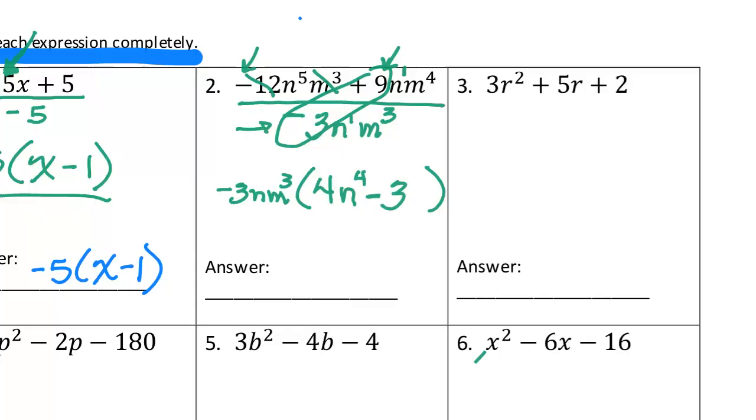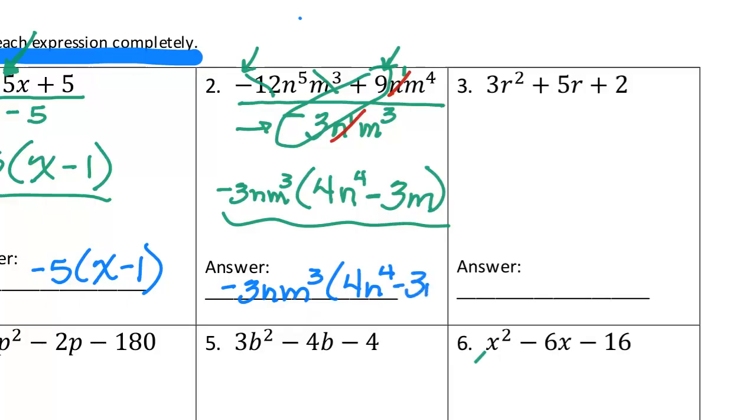Be careful on that. And n to the 1st divided by n to the 1st, that's going to simplify out. M to the 4th divided by m to the 3rd, and m. Anything else here I need to do? No, so that is your answer. Negative 3n m to the 3rd times 4n to the 4th minus 3m. Questions on that?